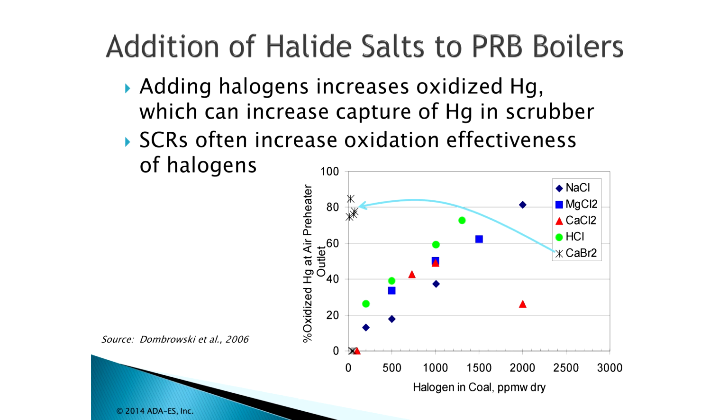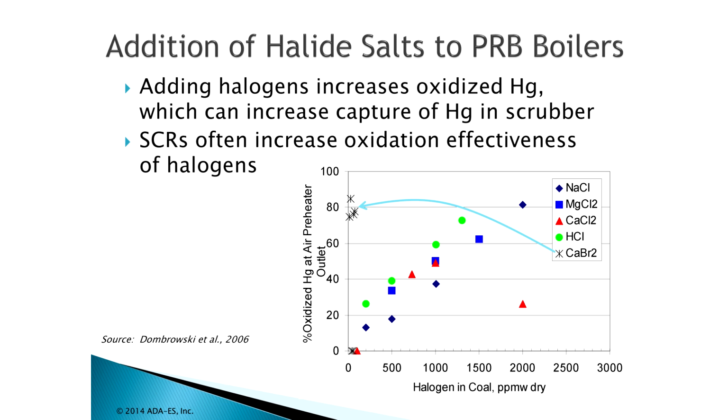But in this case, experiments were done to add a lot of different halogen compounds to the fuel, or to the flue gas in some cases, to see how much oxidized mercury could be produced. The y-axis shows the fraction of oxidized mercury at the inlet to the particulate control device in these cases, and the x-axis shows the equivalent halogen content that was added in parts per million.